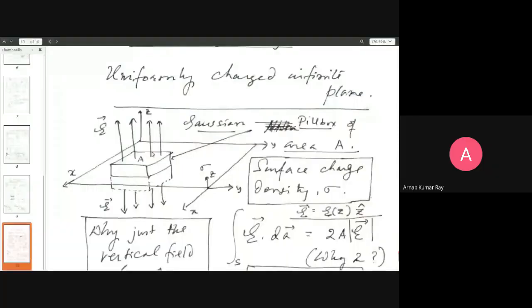I'll go back to that discussion now. Sorry, just a minute. That is what you have. This is the source. The plane full of charges is the source. I hope you can all see this presentation.